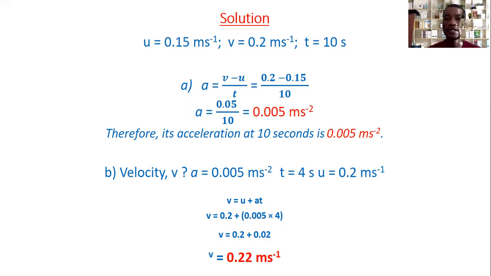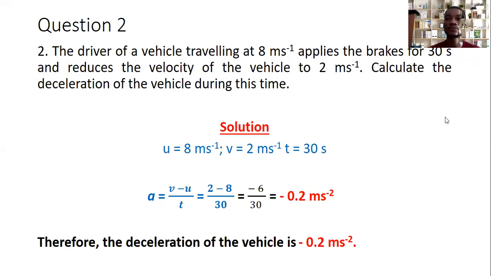Let's consider the next example. Question 2 says that the driver of a vehicle traveling at 8 meters per second applies the brakes for 30 seconds and reduces the velocity of the vehicle to 2 meters per second.